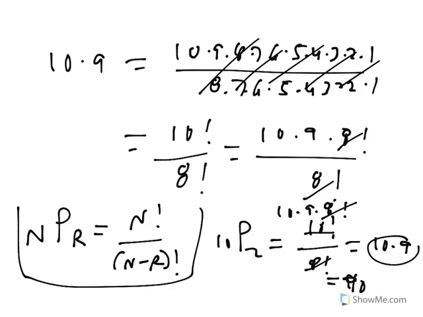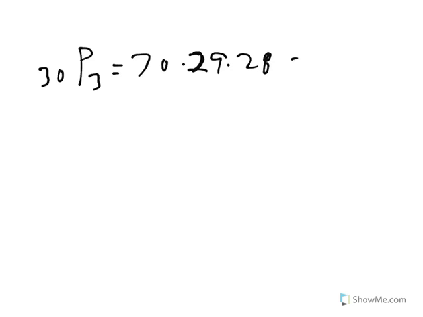And here's a formula, but I personally don't like to use this formula. I instead like to think, if you said 30P3, I think of it as just the first 3 numbers of 30 factorial.